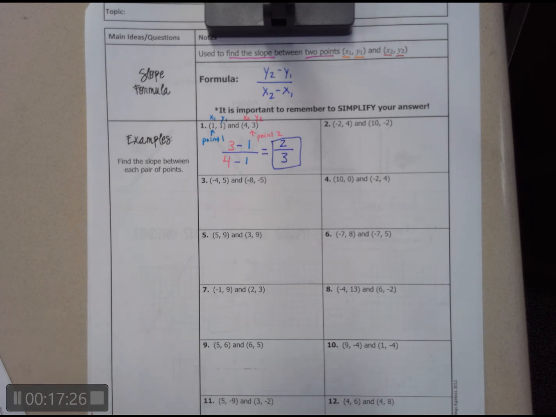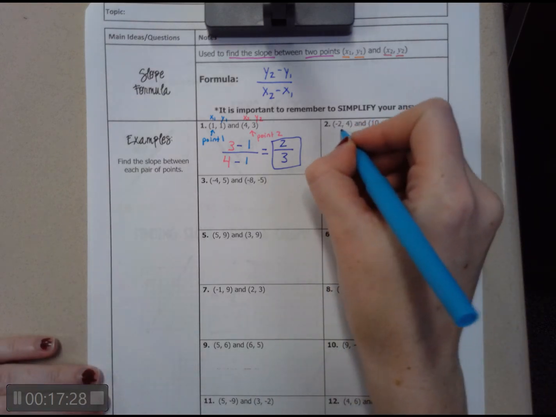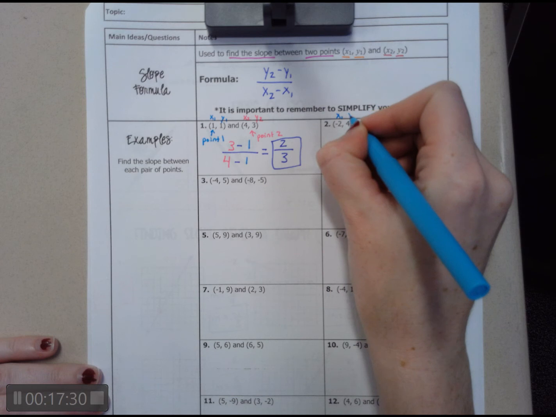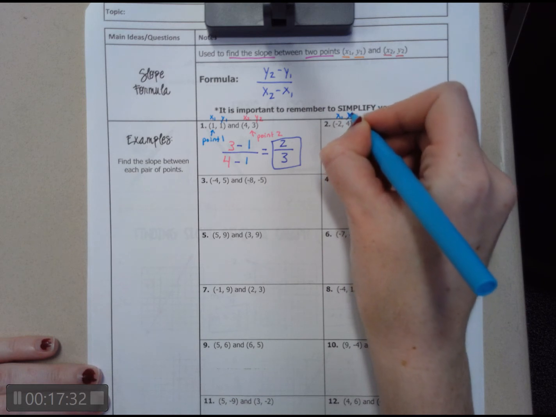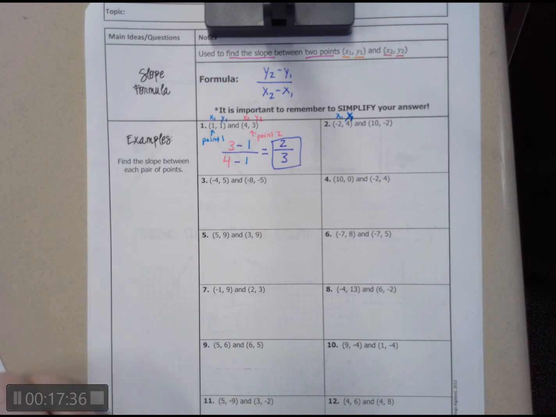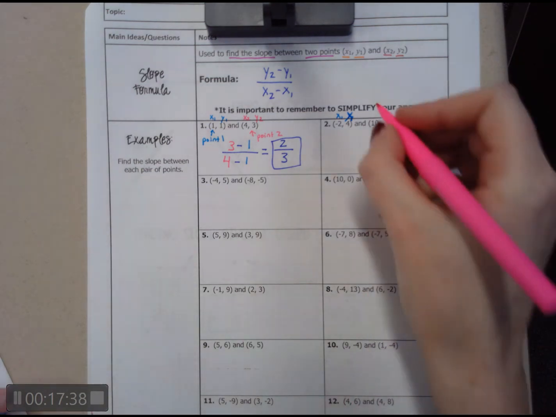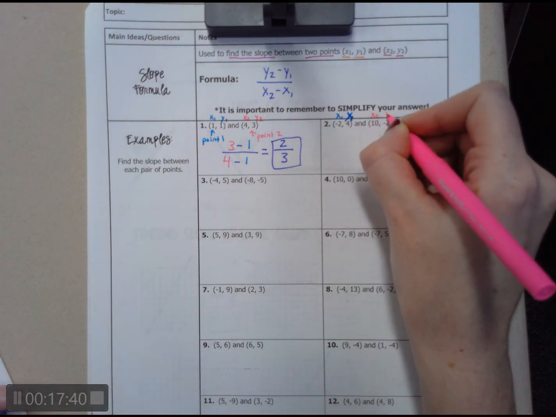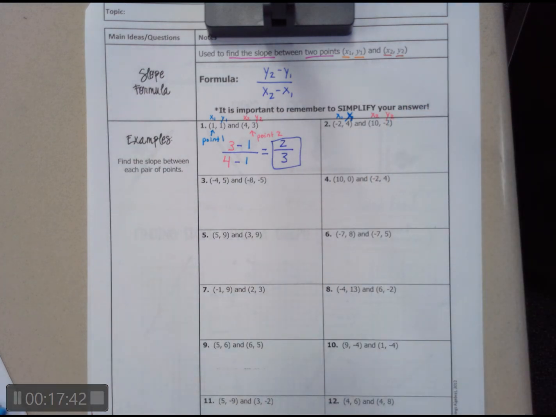Okay, so I'm going to say that this is my point 1. So this is going to be my x1. And sorry, that's supposed to be y1. And then this is going to be my x2 and my y2. Okay.